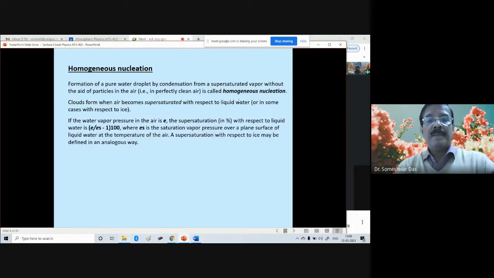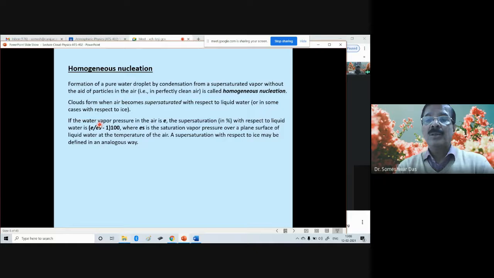If the water vapor pressure in the air is E, the supersaturation in percentage with respect to liquid water is (E divided by Es minus 1) times 100, right? This is the supersaturation, where E is the vapor pressure and Es is the saturation vapor pressure.